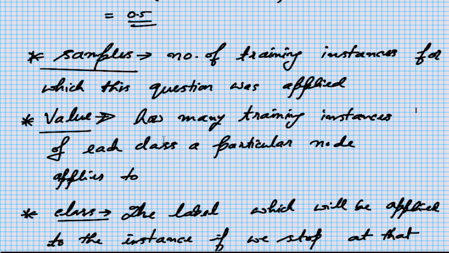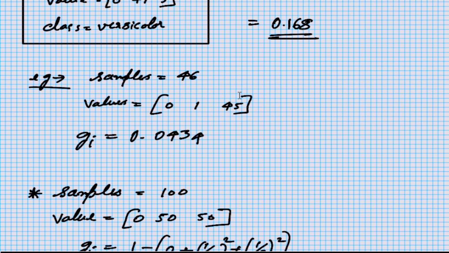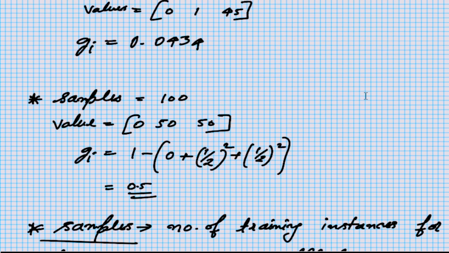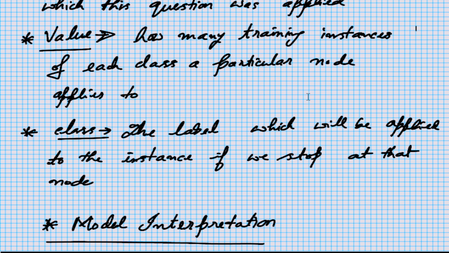Then the value represents how many training instances of each class are present, something like a vector, something like an array. You see here the value equal to 0, 1, 45 inside the square brackets: 0 for the first class, 1 for the second class, 45 for the third class. That is what is represented. This is the meaning.